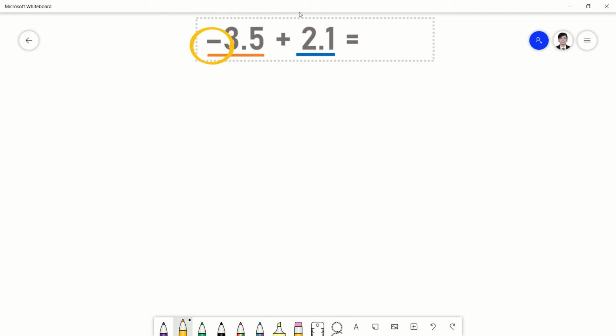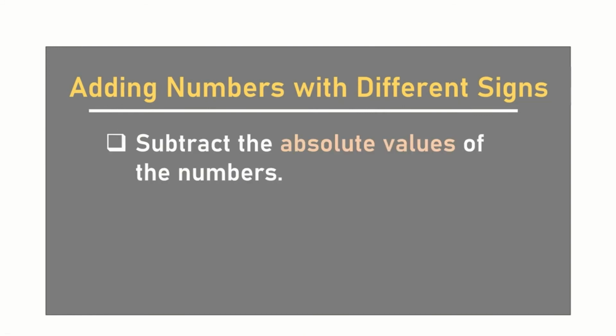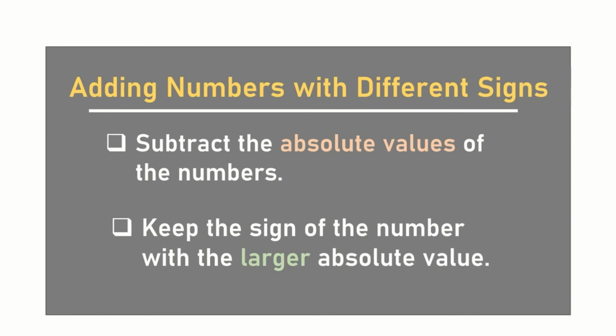That means that the first rule will not apply. Therefore, there's another rule. What could that be? When we add numbers with different signs, first we need to subtract the absolute values of the numbers. And then keep the sign of the number with the larger absolute value.